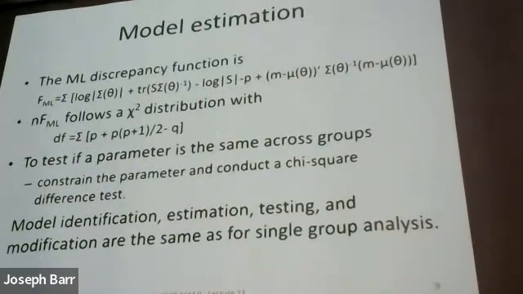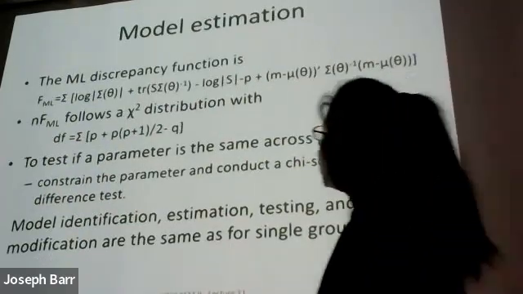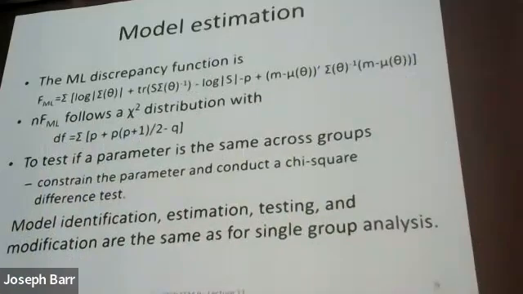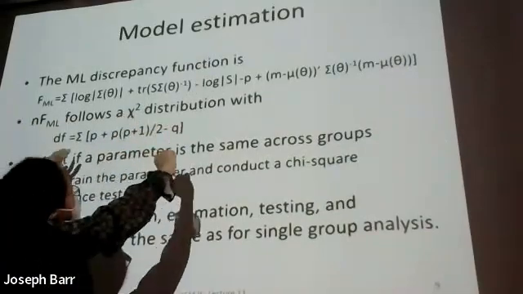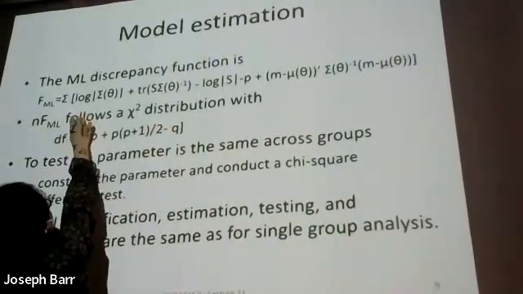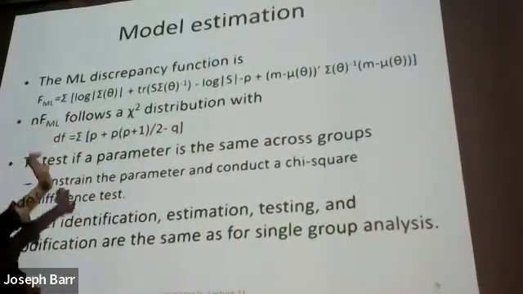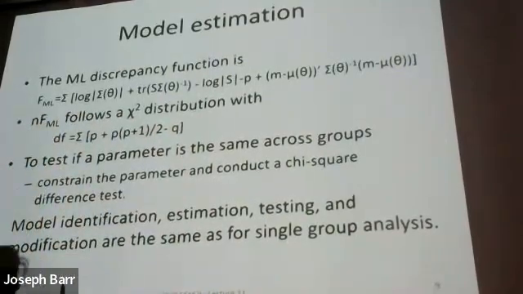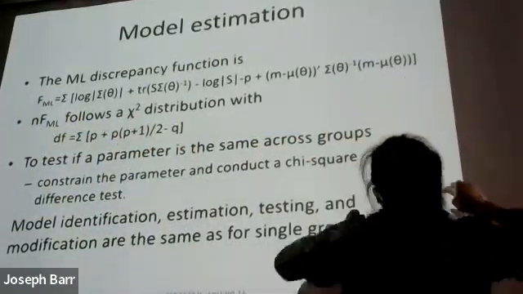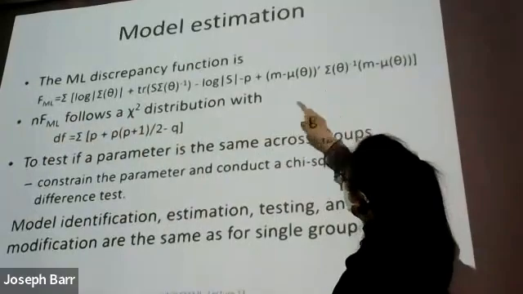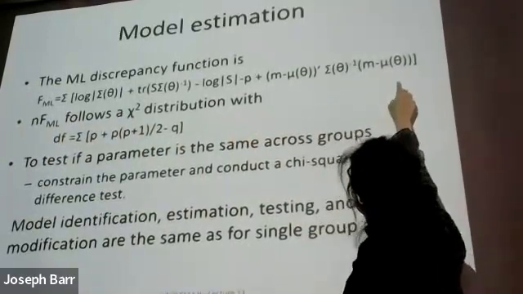So let's look at the model estimation based on the SEM maximum likelihood discrepancy function. Okay, so if we consider the covariance part and the mean part, from here to here, please ignore the summation. Summation means, for each group, I'm going to calculate the mean part and the covariance part of the function.